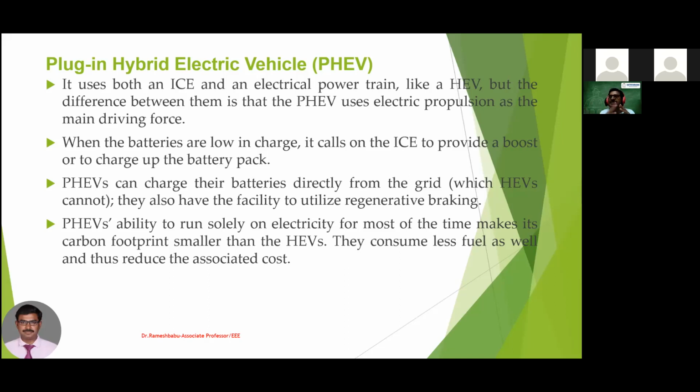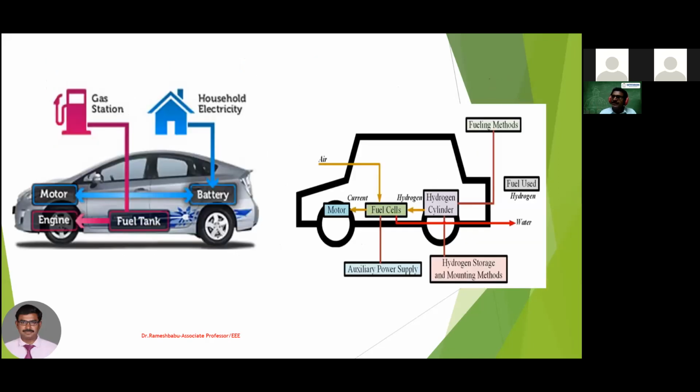That facility is not there for a hybrid electric vehicle, but it is available for a plug-in hybrid electric vehicle. With the plug-in hybrid, the carbon footprint is reduced, and emission of carbon will be very much lesser compared to the hybrid electric vehicle system.